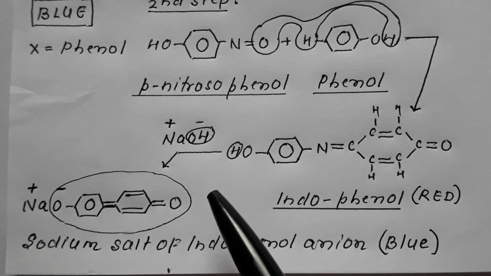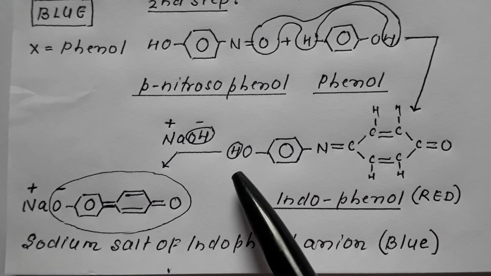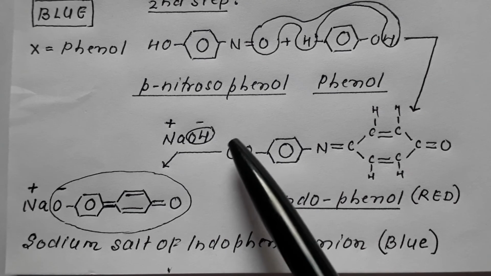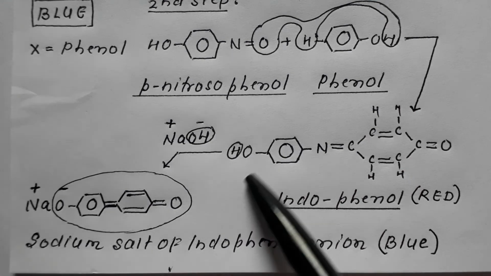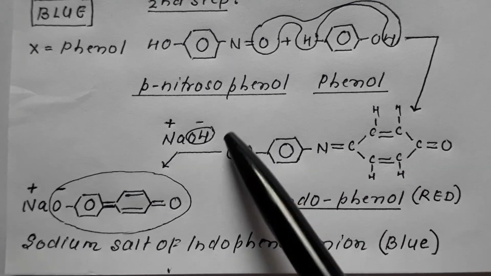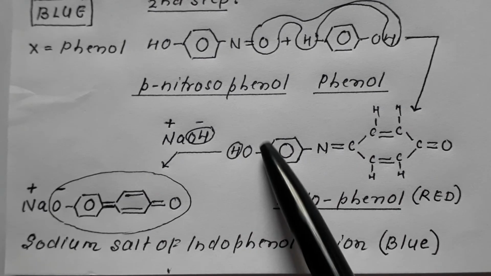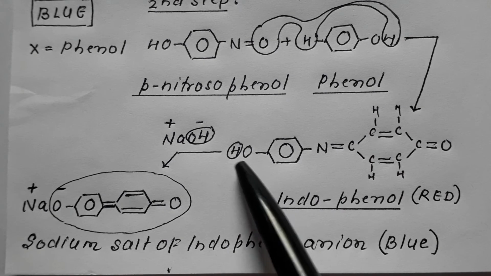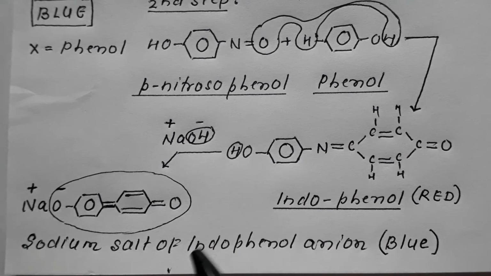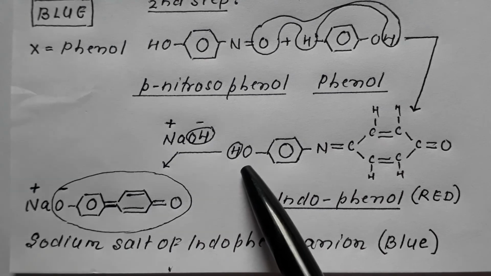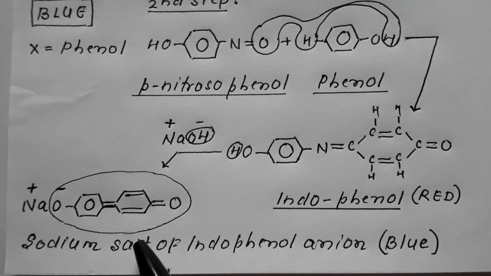Phenol is termed as carbolic acid. It has the tendency to donate a proton. So this phenolic part is still intact in this molecule, and H from here and OH from here goes in the form of a water molecule, and this Na comes on the ring, resulting in formation of this species.